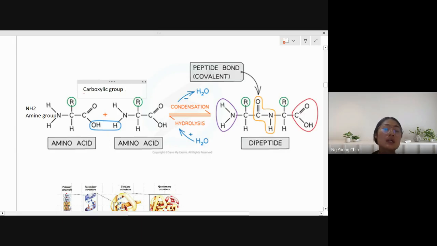So when you join to another amino acid, where do you join? You join the carboxylic group of one amino acid to the amine group of another amino acid. This process produces one water molecule.